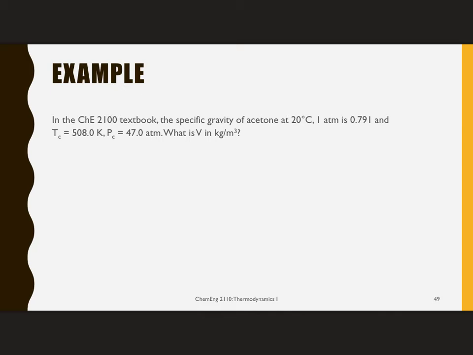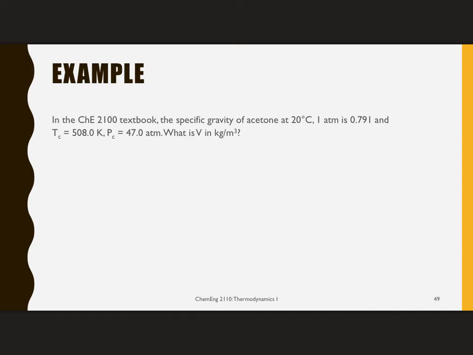In ChE 2100, our mass and energy balance course, the specific gravity of acetone at 20 degrees C and 1 atmosphere is given as 0.791. And they also tell us that TC is 508.0 Kelvin and PC is 47 atmospheres.